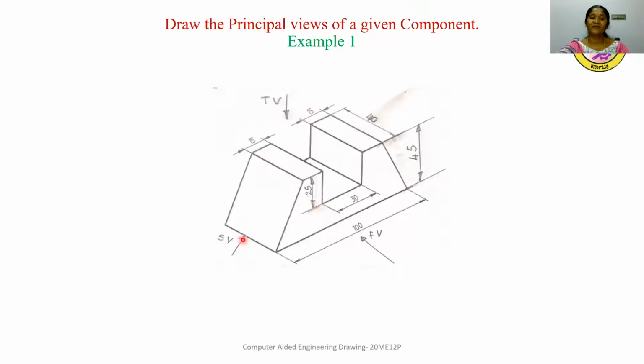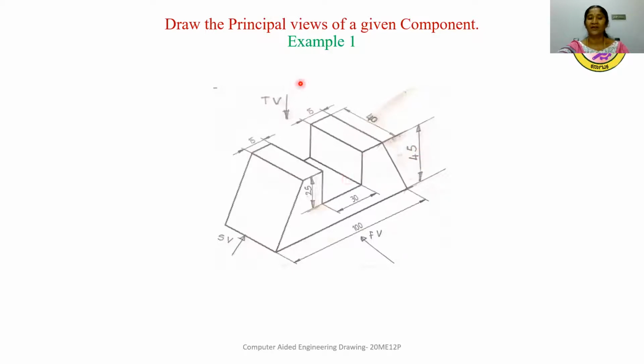If I observe from the side, this is the side view. The side view is nothing but a rectangle. The width of this rectangle is shown at the top, 40 mm, and the height of this rectangle will be 45 mm, which I get from the front view.